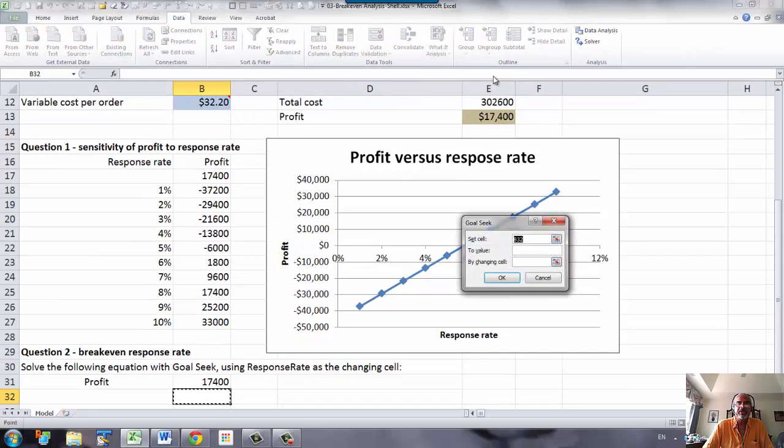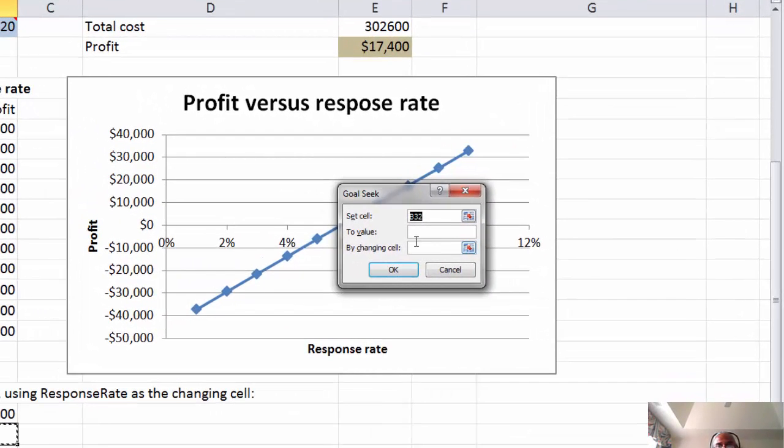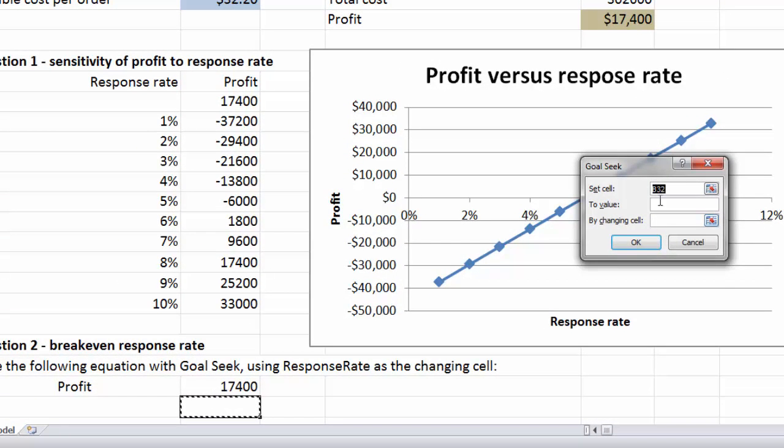So click goal seek. Now here there are three things that you have to set up. Now we want that cell, the profit cell, so that is your set cell. And that value you want to set is to 0. For this to happen, you must have a formula here. If you don't have a formula, then nothing will change, so Excel will give you an error. So we have profit, and that should be 0.